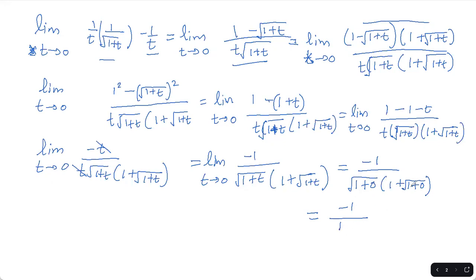This one, 1 plus 0 is 1, the square root of 1 is 1. So 1 times 1 plus 1, it is negative 1 over what, 2, right? 2 times 1 is 2. So negative one half is the limit of this function.